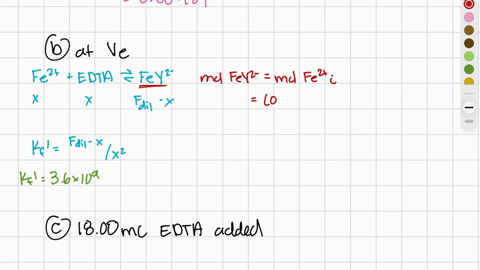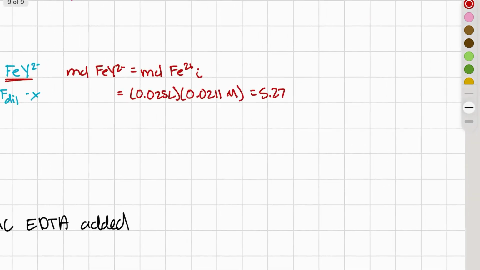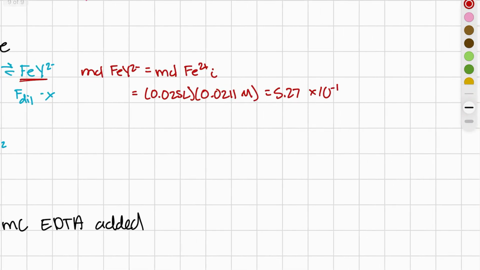That's going to be 0.025 liters times 0.0211 molar, which gives me 5.27 times 10 to the negative 4 moles.